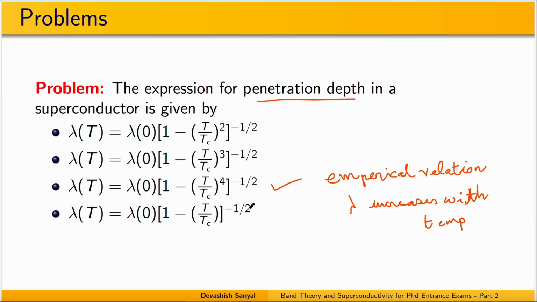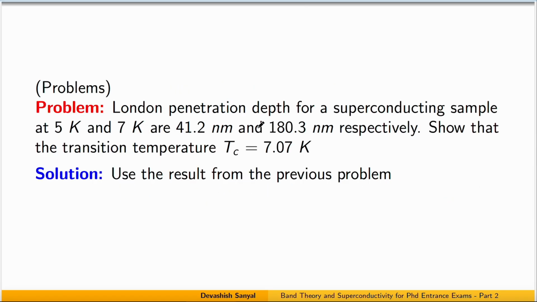We go to the next problem, and the next problem will use this expression. The London penetration depth for a superconducting sample at 5 degrees Kelvin and 7 degrees Kelvin is 41.2 nanometers and 180.3 nanometers. Show that the transition temperature is this.